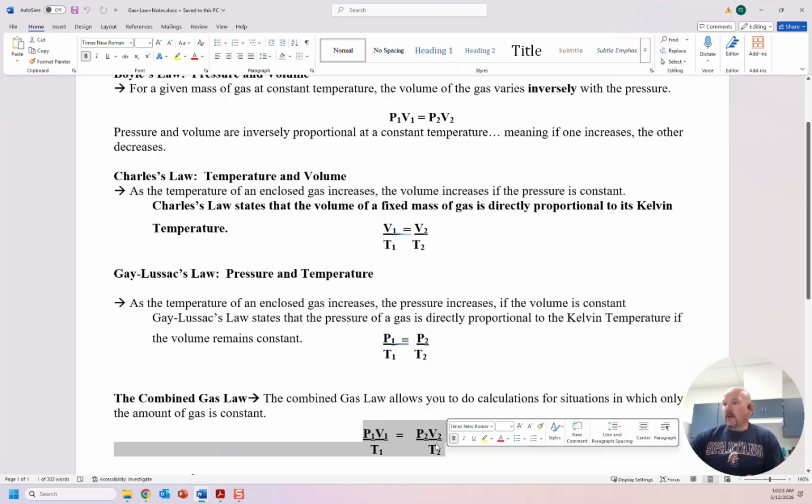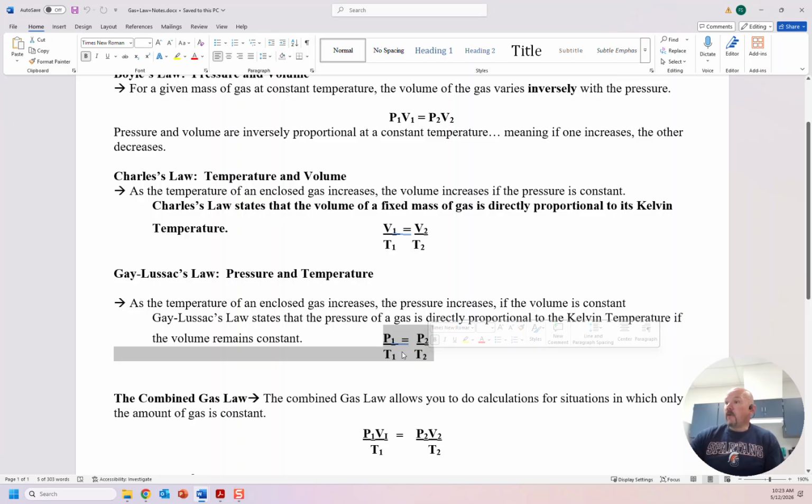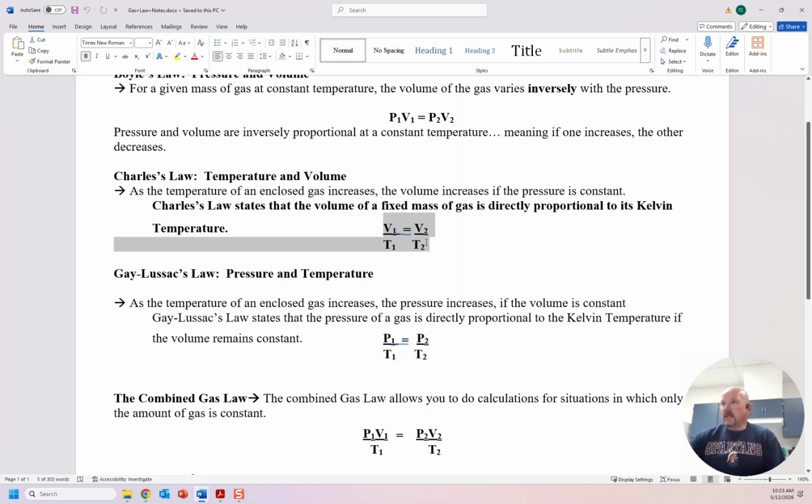What's being held constant in here? Volume, because it's not included, and moles of gas. What's being held constant here? Pressure, and then also moles of gas. So notice pressure and moles are not in this equation. Volume and moles aren't in this equation. So when it's held constant, you don't need it in the equation, okay?